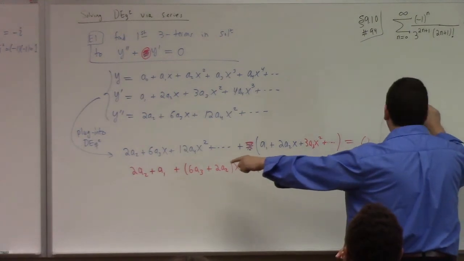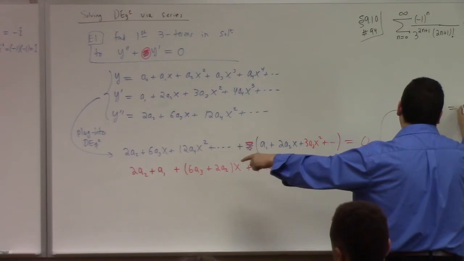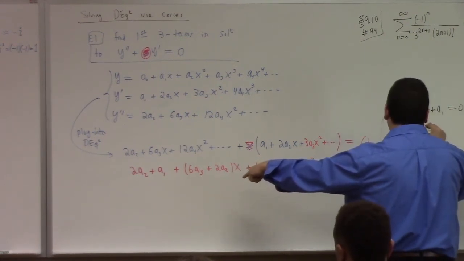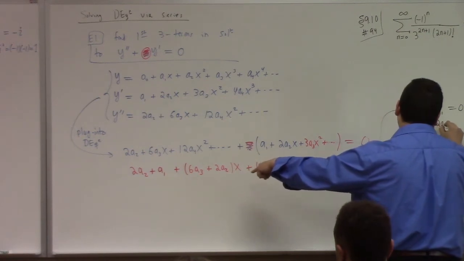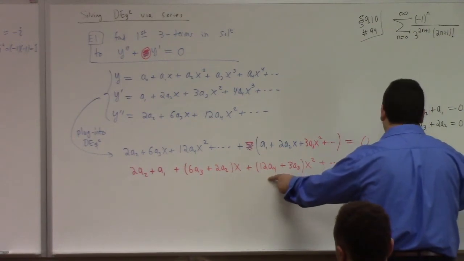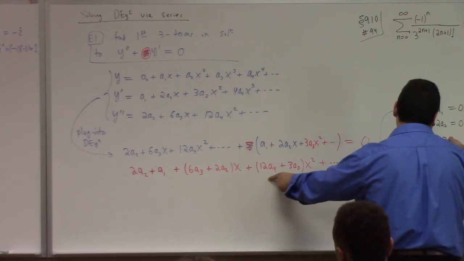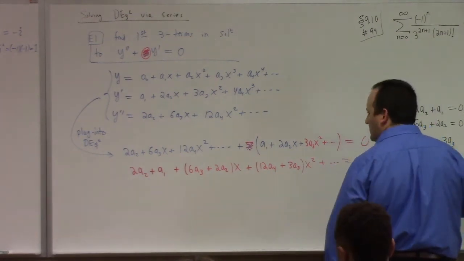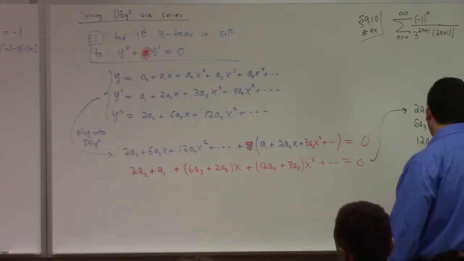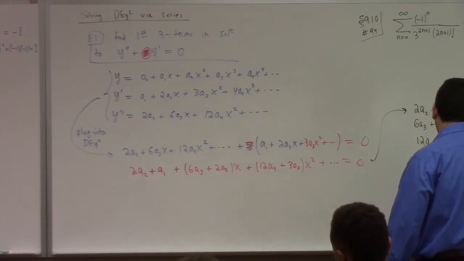I get that 2a2 plus a1 equals 0. The second thing gives me that 6a3 plus 2a2 is equal to 0. This one gives me that 12a4 plus 3a3. Where's the a0 going? I don't have any. Oh, right. Duh. Sorry. This one's actually still kind of interesting.